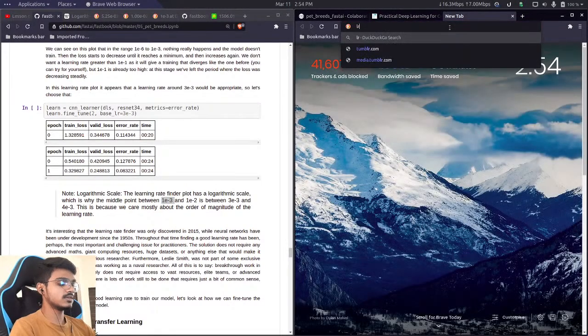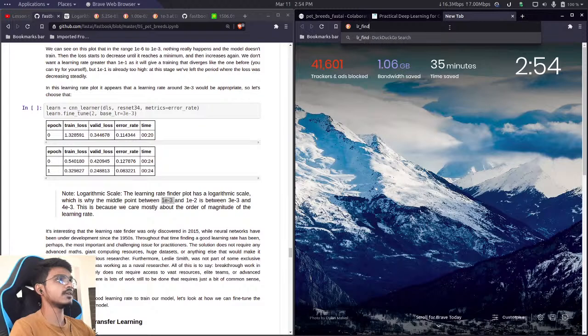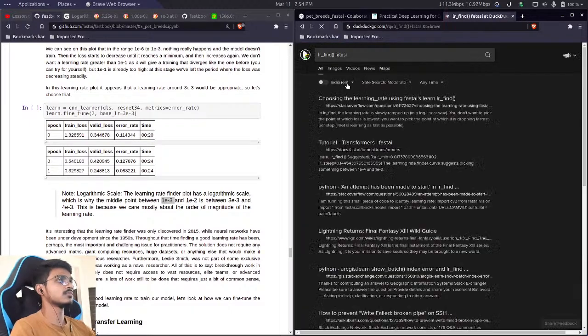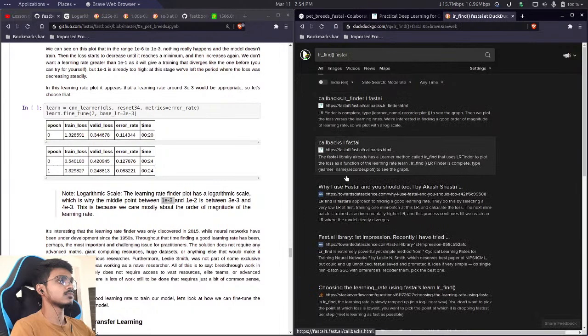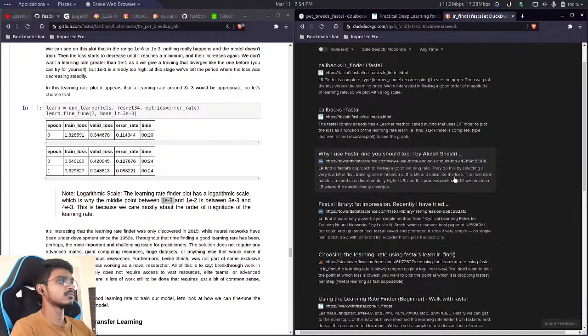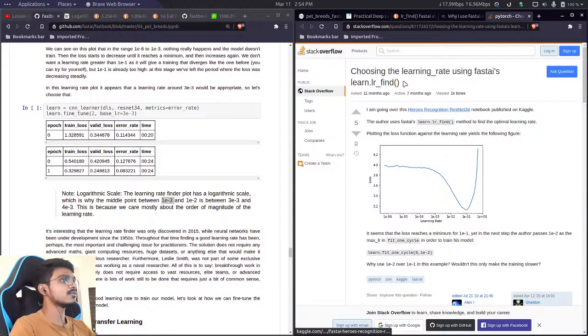Let's Google it. Learning rate finder. Someone has already asked this question. Choosing the learning rate using FastAI lr_find.